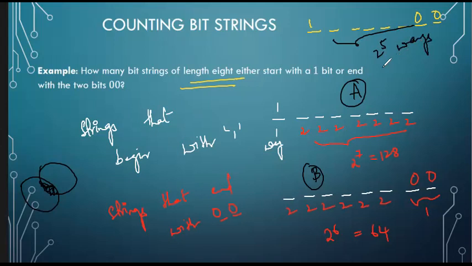So the solution for this will be, I'm writing it over here, cardinality of A, that is the number of strings in set A, plus the cardinality of B, the number of strings in set B, minus whichever are being included twice. What are being included twice? The ones starting with 1 and ending with 2 zeros, so we have to remove that, which will be A intersection B. So this is 2 power 5, which is 32 ways.